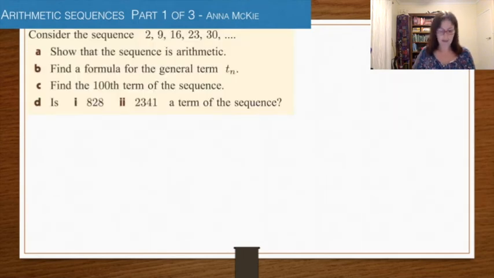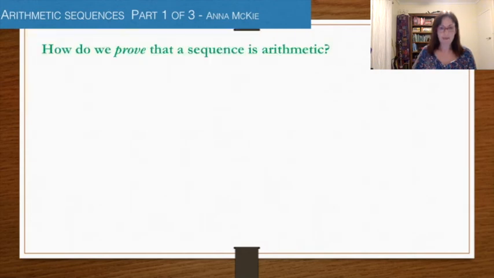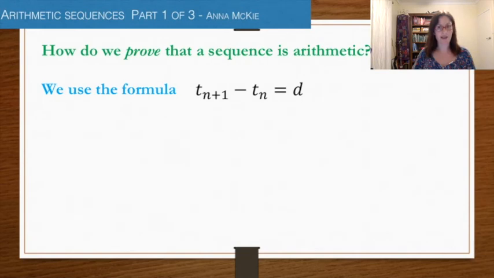Now here's one example. Just a pointer on this one. When we have to show it's arithmetic, we actually need to use the word verify. Well, they're sort of interchangeable to a point. And how do we go on to prove that a sequence is arithmetic, as opposed to geometric, which is a topic we're coming to later?